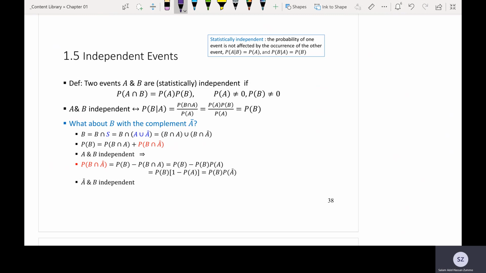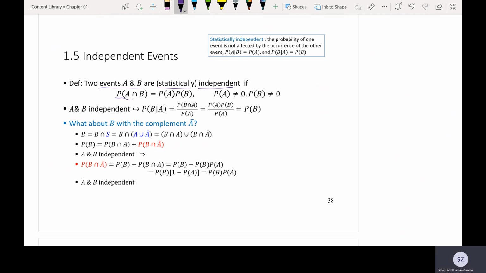Now there is a different notion, which is independent events. Independent events says the following: two events A and B are independent. We call them statistically independent. For short, in the future and in many places, we call them independent directly.